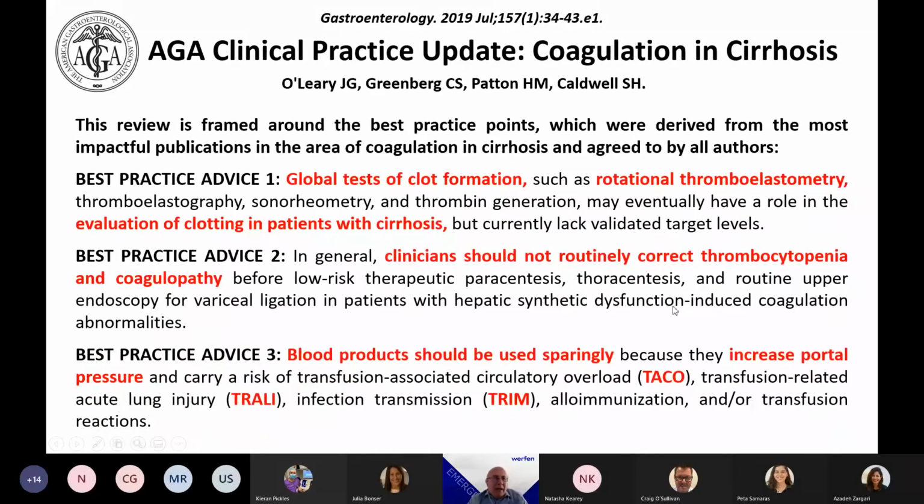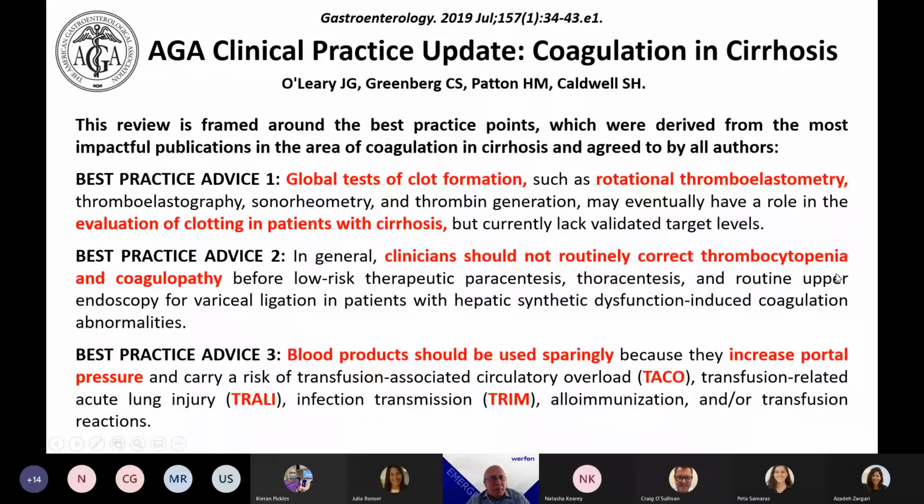And as I mentioned in the beginning, this is not just from anesthesia. Here, these are the guidelines from the American Gastroenterological Association. So there's even good agreement between anesthesia and intensive care colleagues as well as gastroenterology and hepatology, where their best practice advice number one is that a global test of clot formation, such as rotational thromboelastometry, should be used for evaluation of clotting in patients with cirrhosis, and that pathologic results of standard tests, like thrombocytopenia or increased INR, should not routinely be corrected.